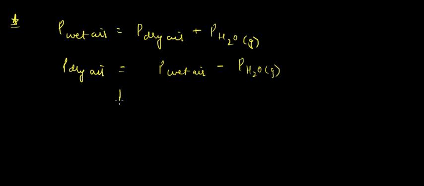We can also write that P of air times volume of air is equal to number of moles of air multiplied by R and T. In several of the questions you will be given the moles of air, using which you can have this relationship, and you can write the same for H2O particles as well.